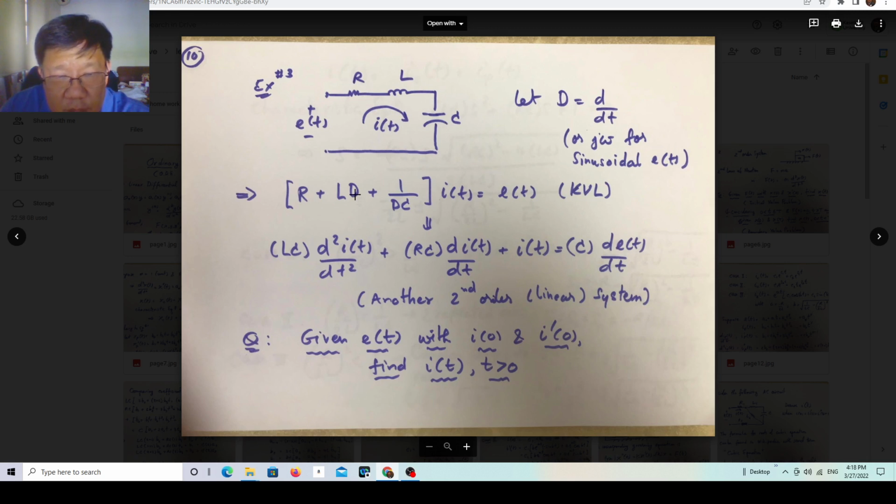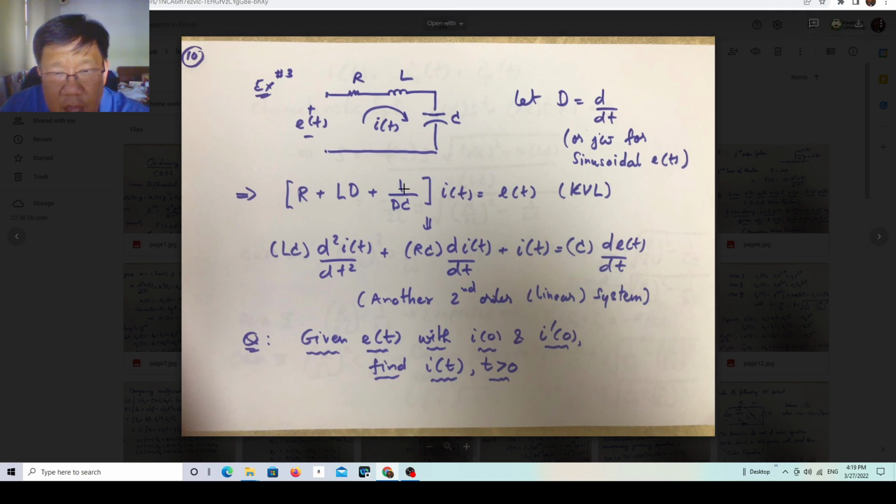Since we substitute d by dt with capital D, it is L times D times I. I move I to a separate multiplication term here, since all the terms need to multiply by I.